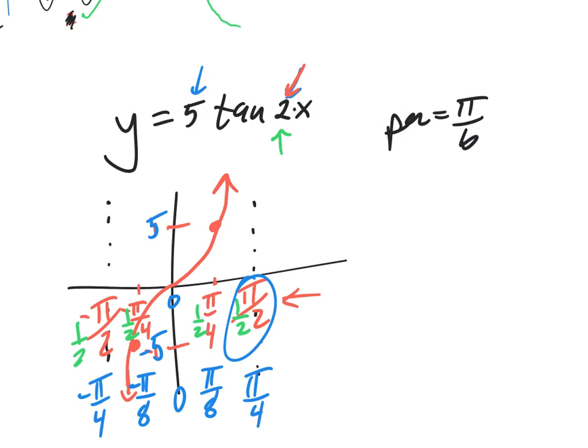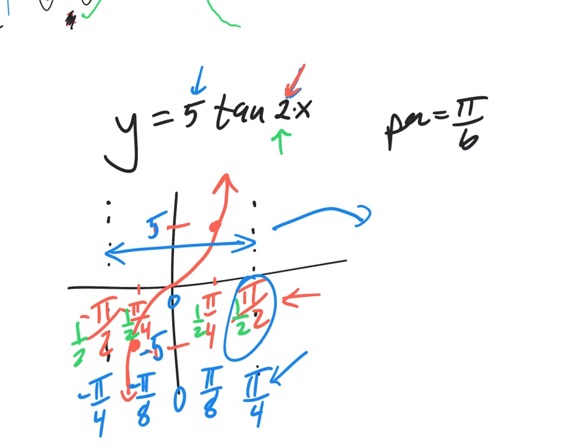Pay attention now. If my asymptote is at pi over 4, when would the next asymptote be? A lot of people are just going to say, well, another pi over 4, because this asymptote's at pi over 4, so just add one more pi over 4. But no. The period of this thing is how far it is between asymptotes.